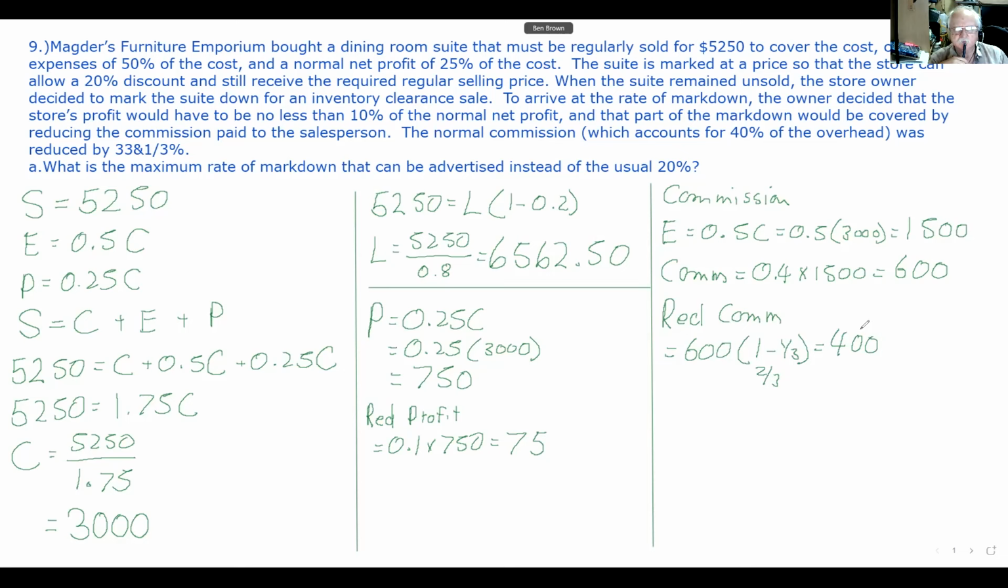So now we've got to put all the pieces of this together again somehow. Let's give ourselves some space to work here. We're back to using this formula.